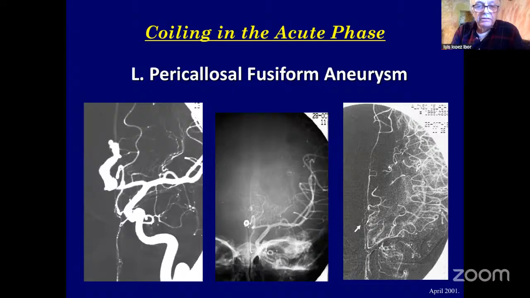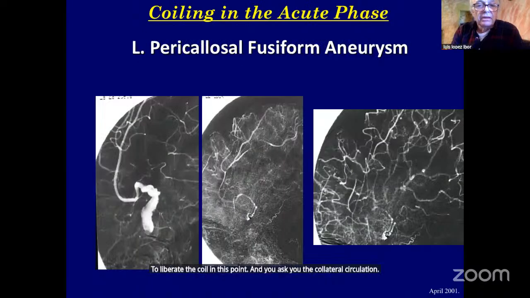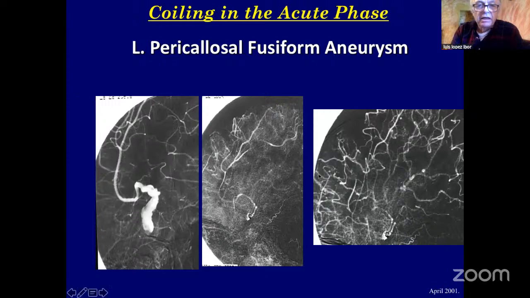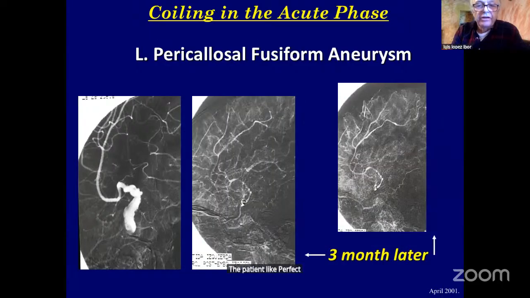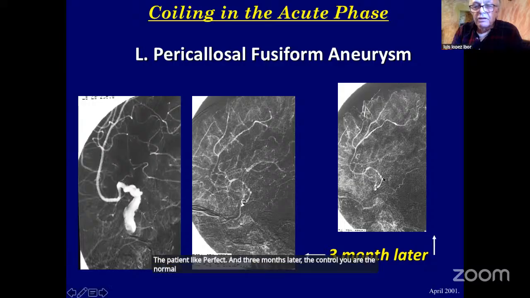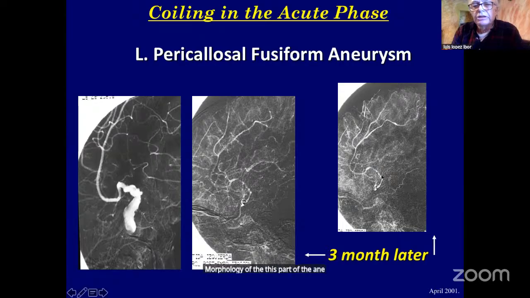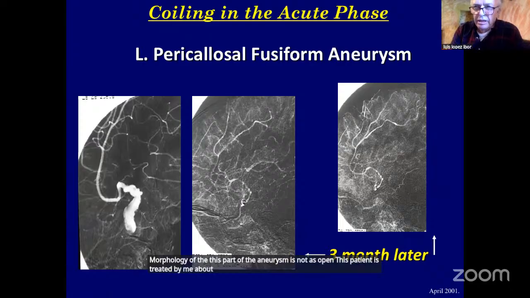I decided to release the coil at this point, and you see here the collateral circulation, and the patient is perfect. Three months later, in the control, you see the normal, stable morphology; this part of the aneurysm is not open. This patient was treated by me in 1995.